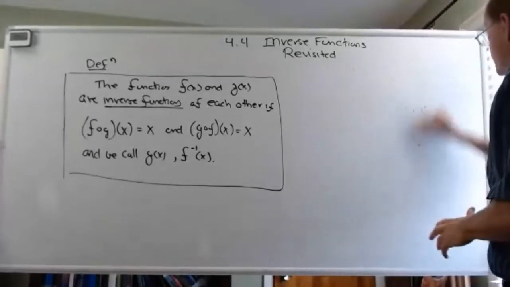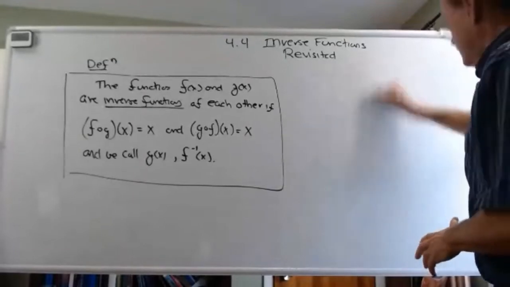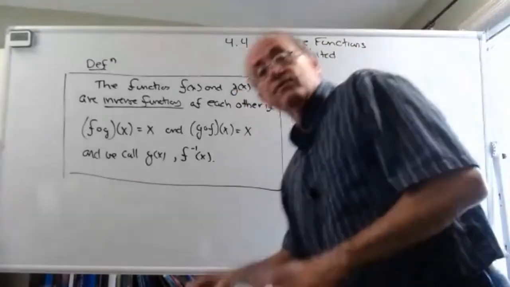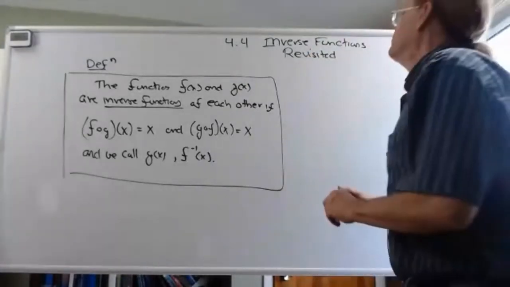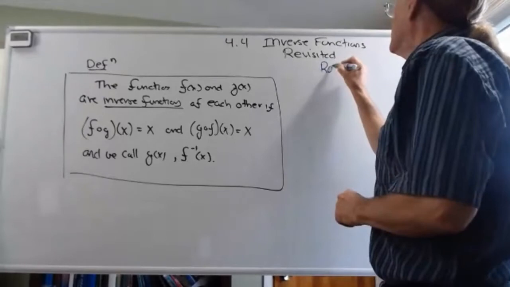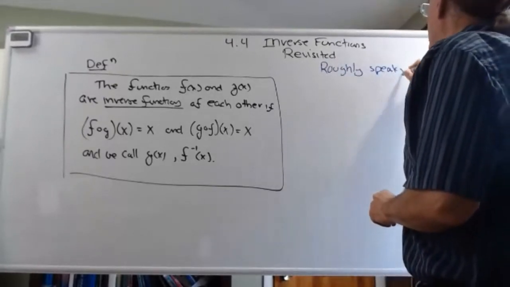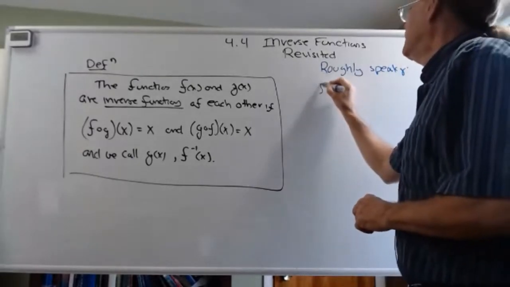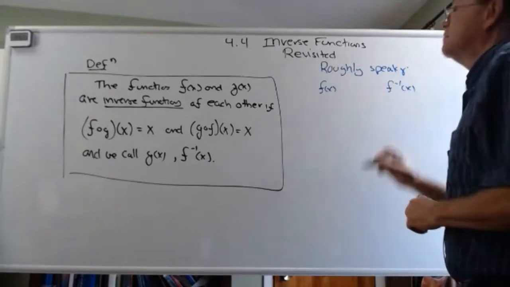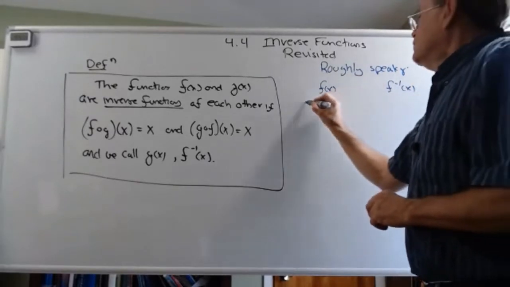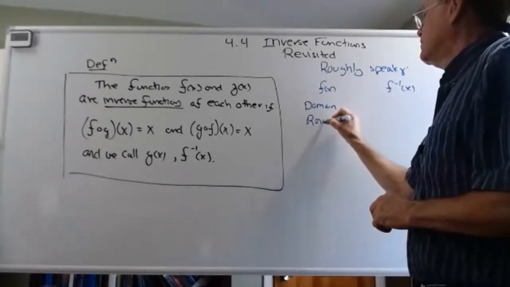Roughly speaking, let me make that point first. Roughly speaking, we can see what happens. This is not precise because sometimes you have to restrict the domains or the ranges. But roughly speaking, if you have your two functions, f of x and its inverse, this has a domain over here and the range over here.